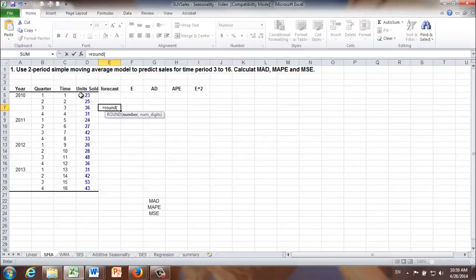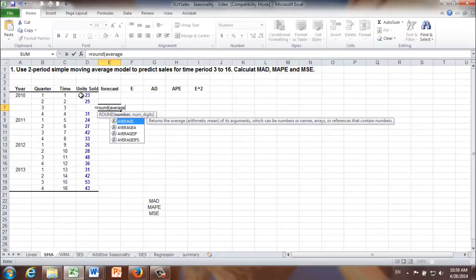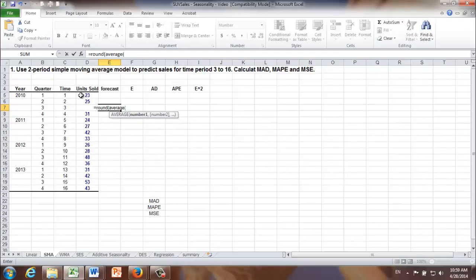Round the average sales of time period 1 and 2, and we want an integer, so decimal place is 0, return. So we predict that based on the 2-period simple moving average model, the SUV sales will be 24 in time period 3.